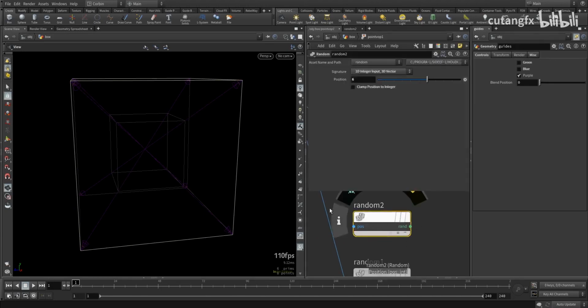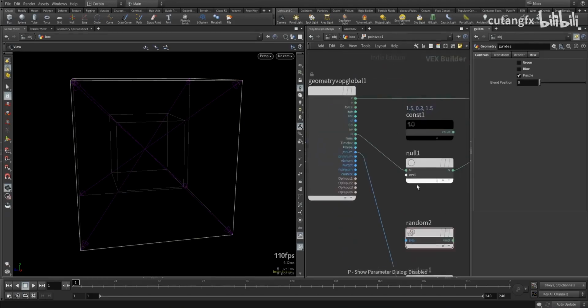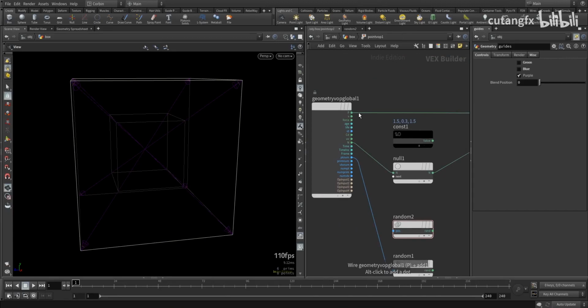And so if we do not feed it an additional random per point seed value, then it's only looking at the seed that we give it here. Okay, in this case on random they call it position, right? But it is essentially the seed. Now, we give it a value 6 here. It's going to result in a random vector, and it's going to be the same random vector for all points.